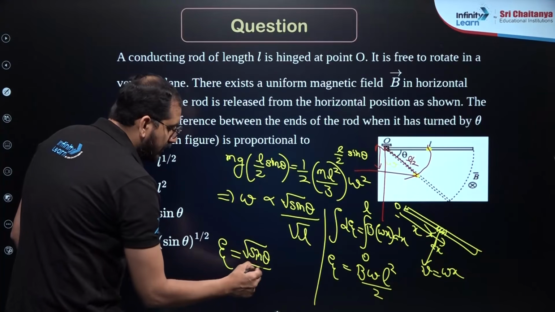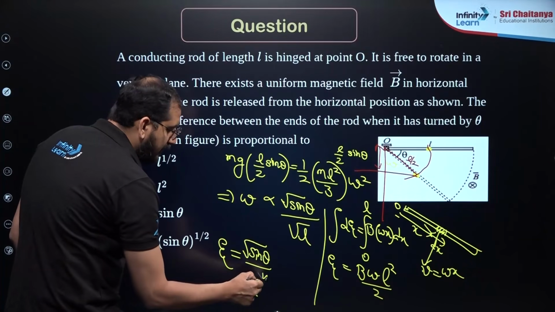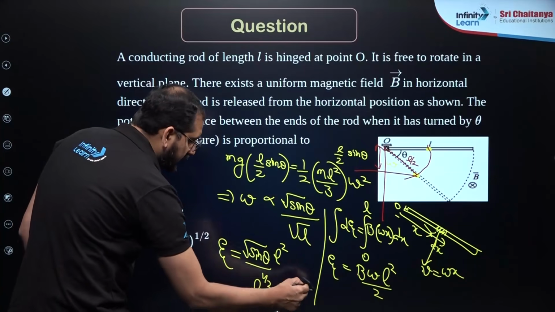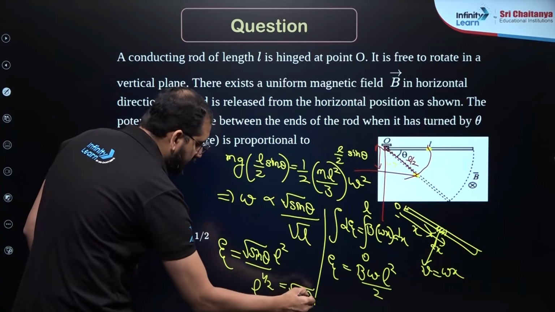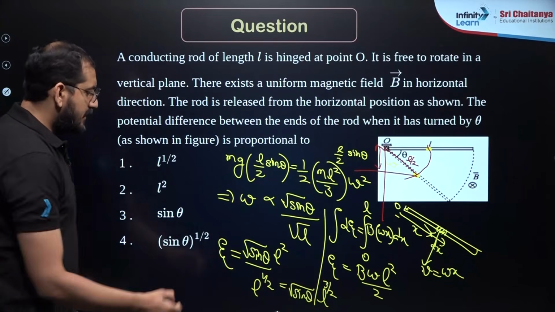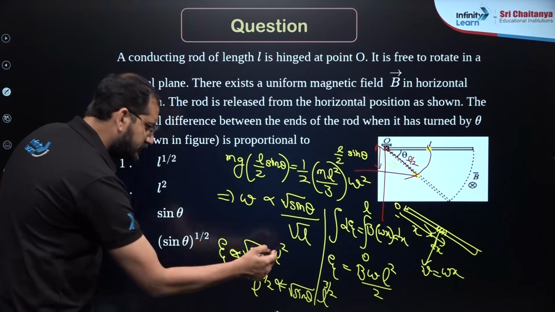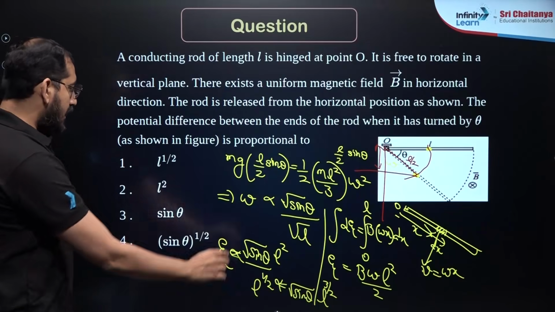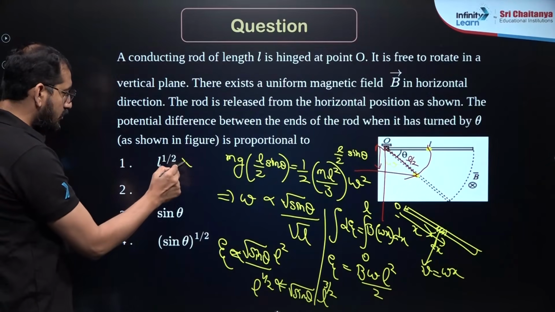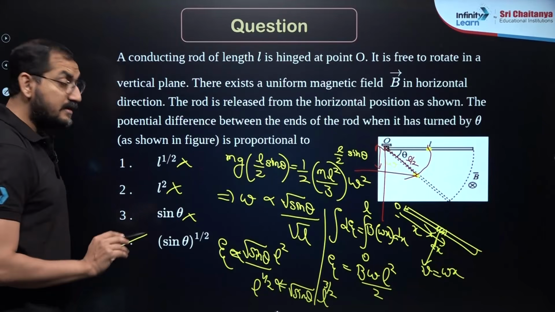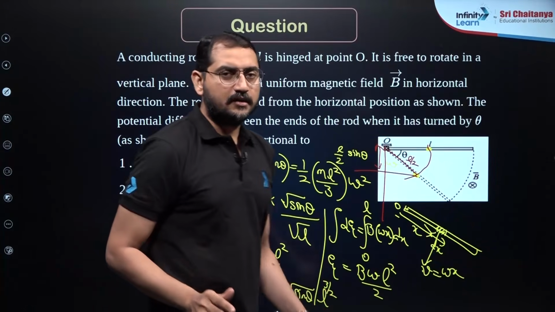In the denominator you have L power half, and here you have L square, so it comes out to be L power 3 by 2. Okay, and these are not equalities, these are proportionalities only. Okay, so the L power 3 by 2 is not the answer being asked; it is actually root sine theta. So option 4th is the only correct answer in this particular question.